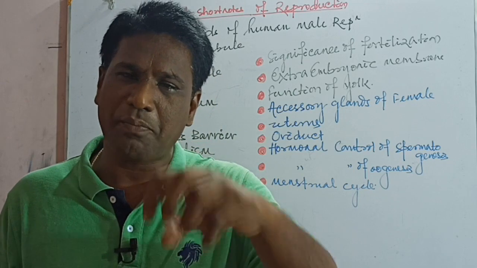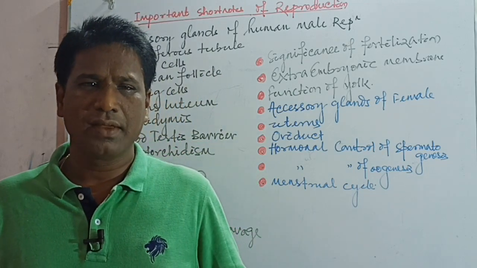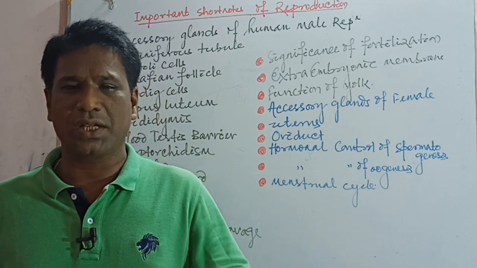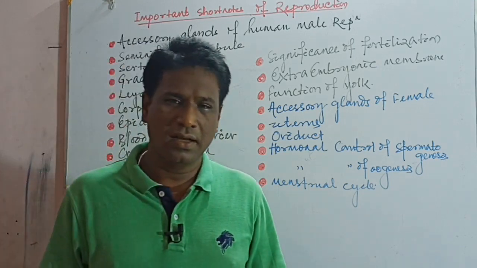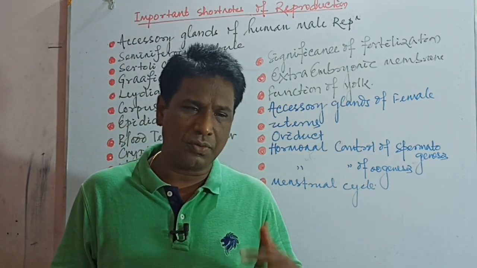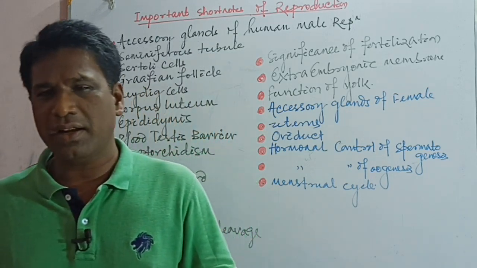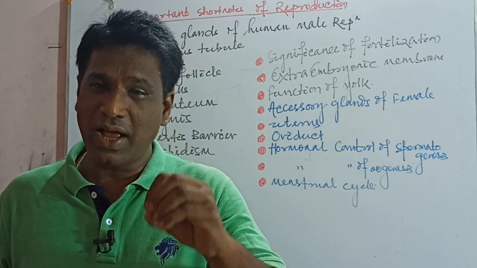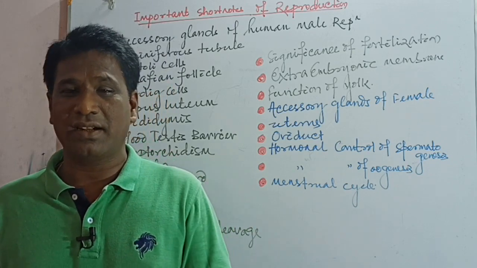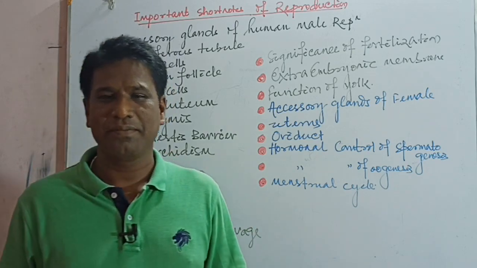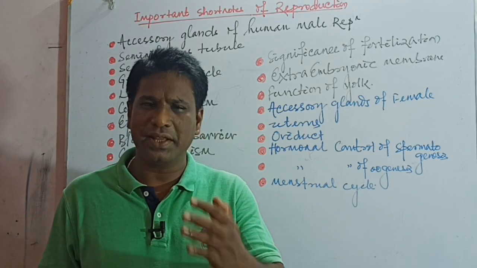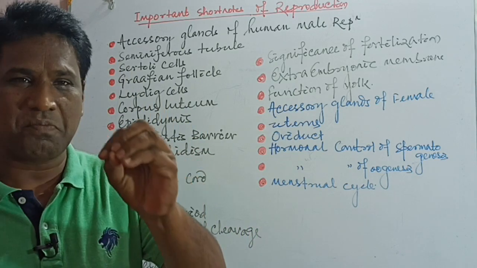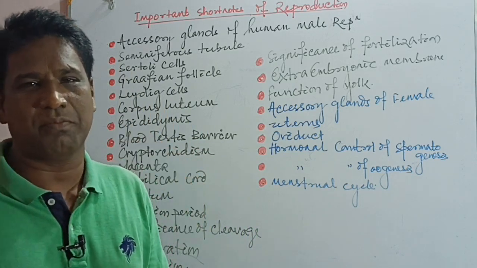It houses a pair of testes and its wall is made of dartos muscle which contracts during winter and expands during summer. Also another muscle is present, the cremaster muscle, which helps in this contraction and relaxation. It is one of the important points to be remembered.